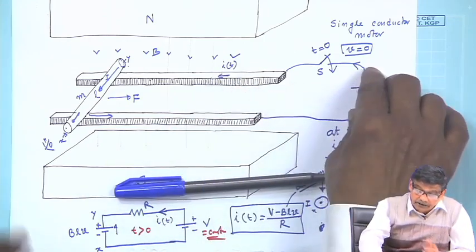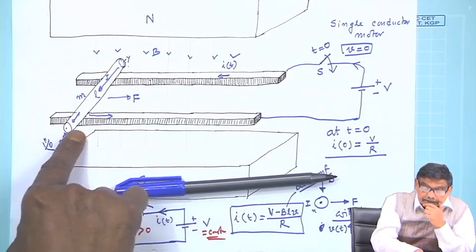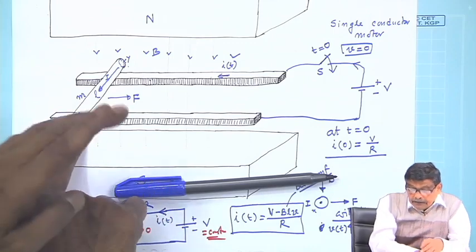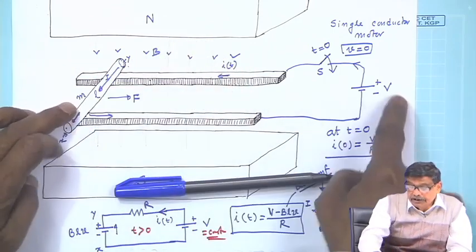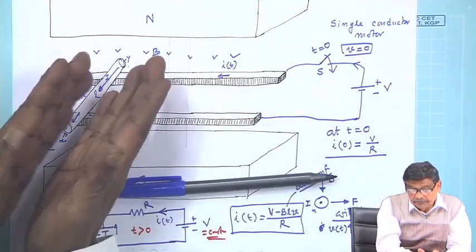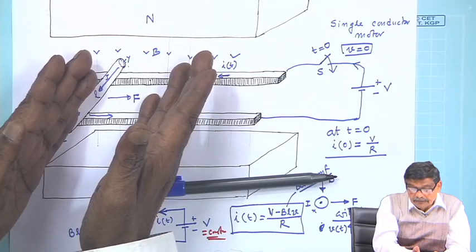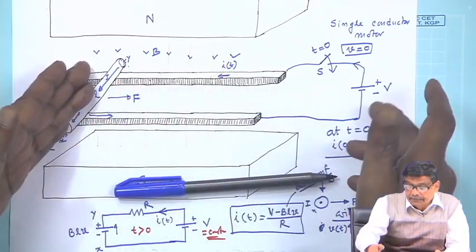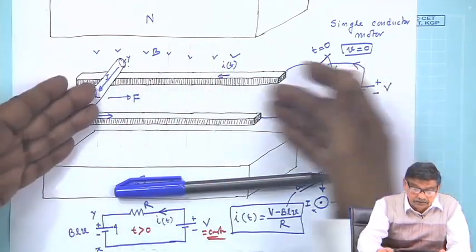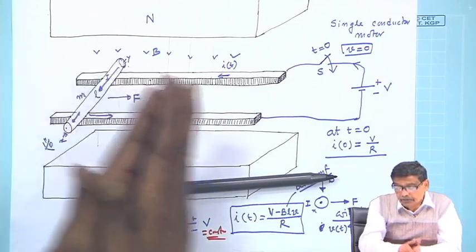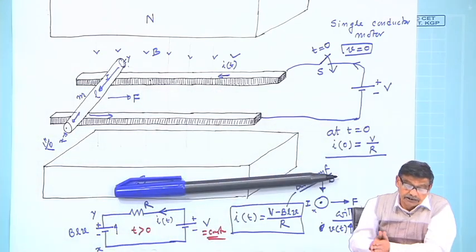The moment you double it, speed cannot change instantaneously. Before that instant, when you are doubling this voltage, velocity attained a constant value such that BLV and capital V exactly match, there was no current, it was moving nicely with constant velocity.